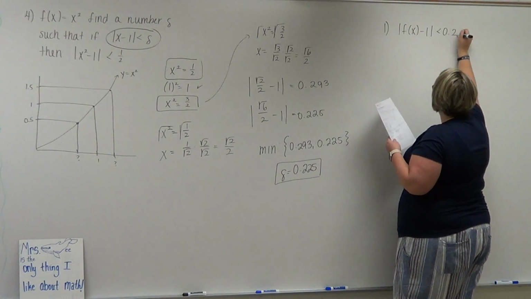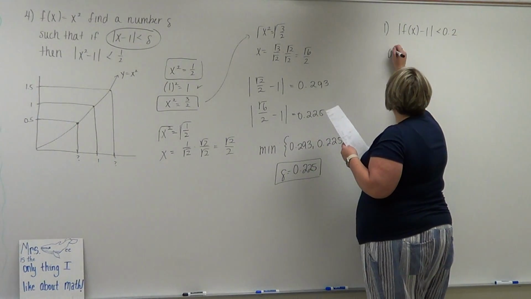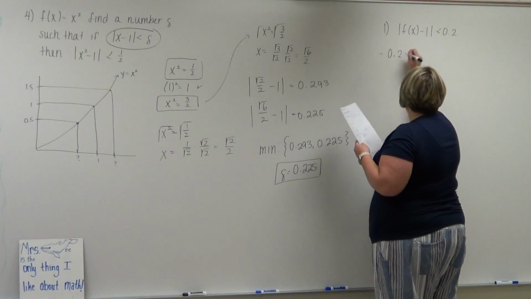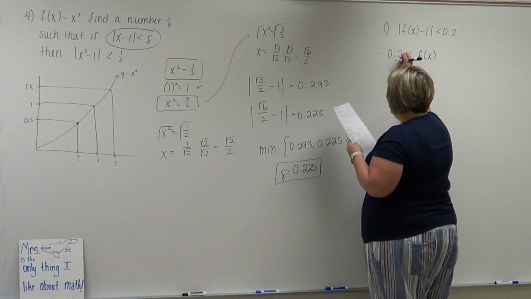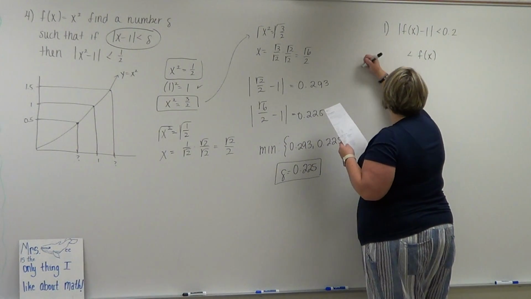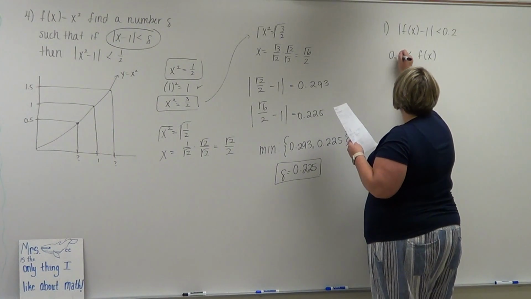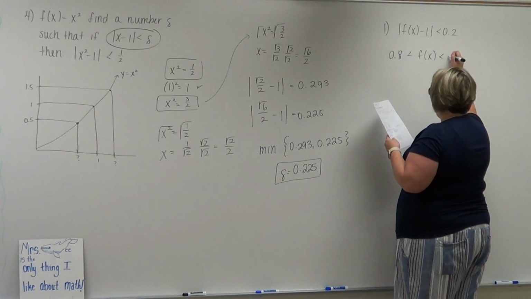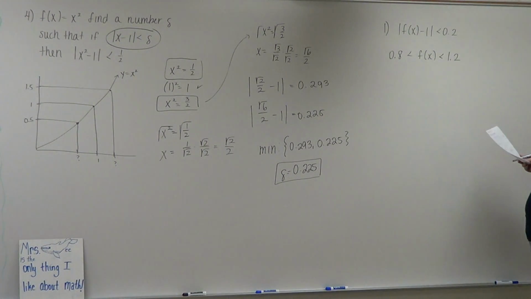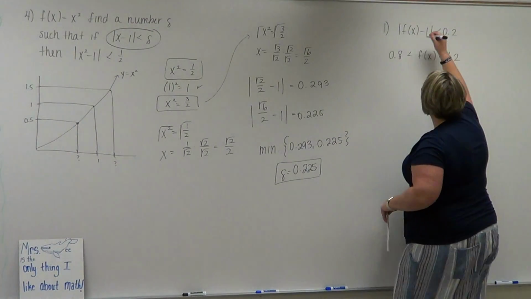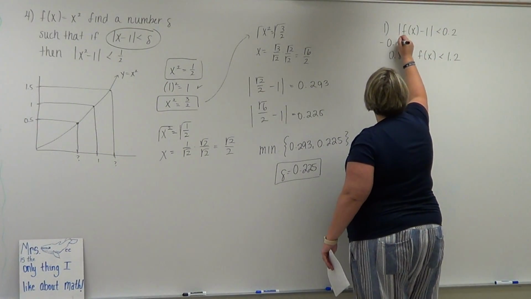if I know it has to be less than 0.2. That's not 0.2, that's 0.8. Sorry, I wrote it down wrong. Okay, so if I know, well, let's start. I didn't show the stuff that you might want to see.